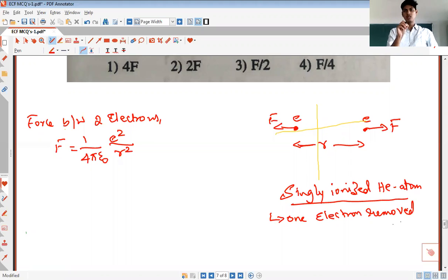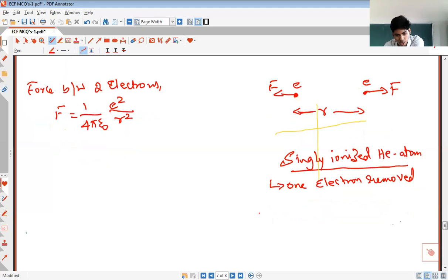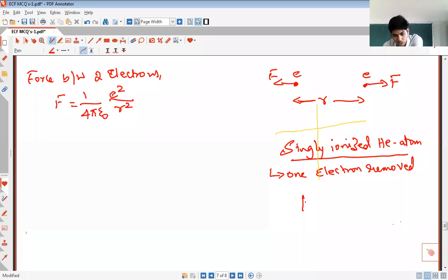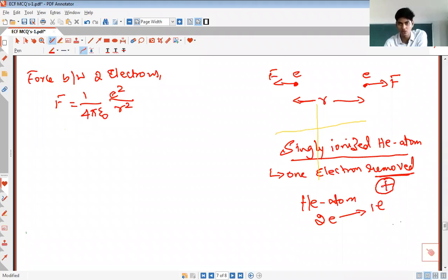See, in a helium atom there are actually two electrons. If I remove one electron out of it, it acquires positive charge. When I remove an electron from a body, it must acquire positive charge.